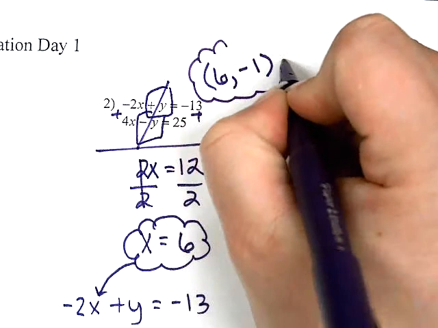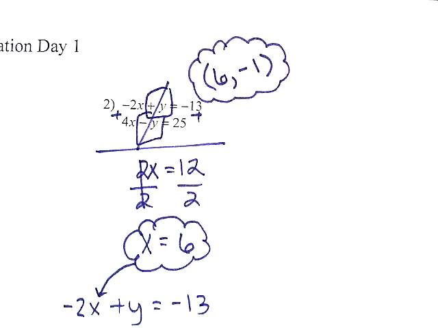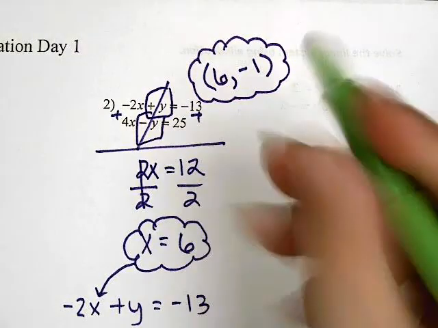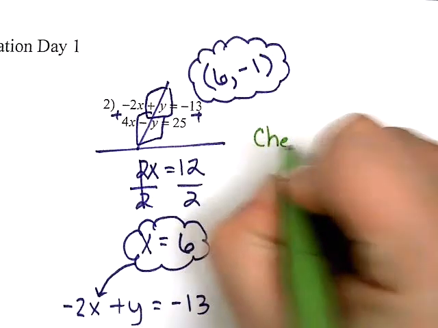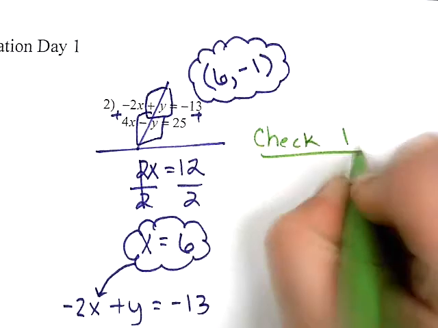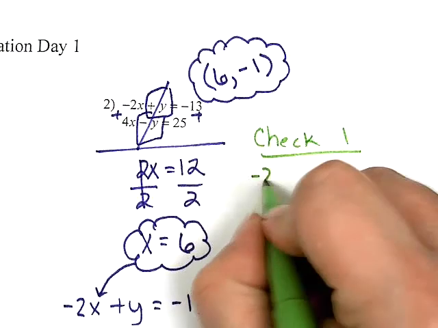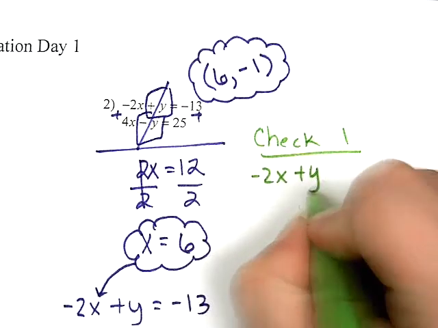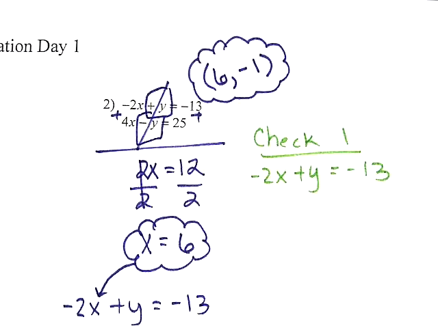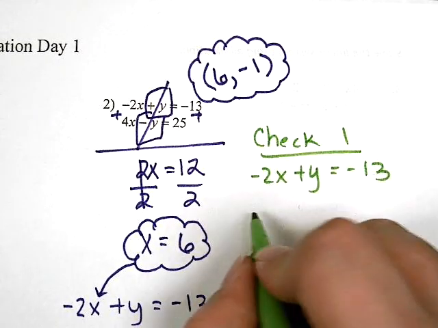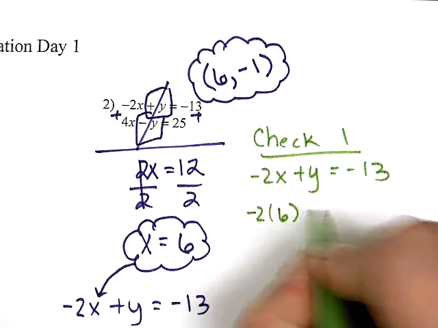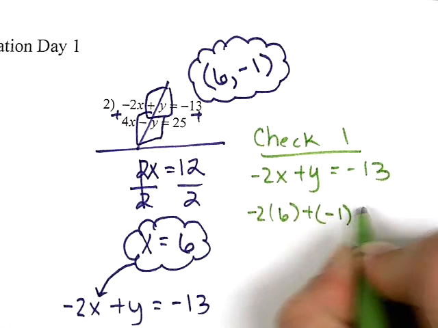So I'm pretty positive that that's my solution, but remember the last thing we always have to do is check. So come over to the side here, let's write check 1. Okay, remember we're going to have 2 checks because we have 2 equations. Checking means we write the original equation and we plug in what we found and then we simplify.